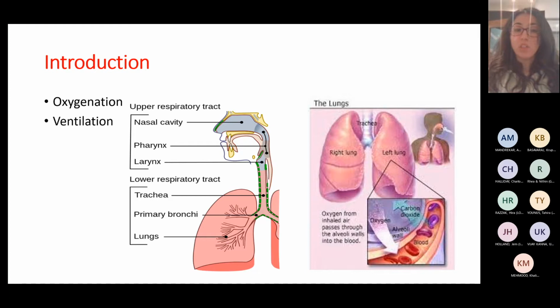The main function is to ensure oxygenation, which is bringing the oxygen to the cells and to the body. The second function is ventilation, which is getting rid of the CO2 that has been produced by the body cells. Once there is a compromise in either of those functions, either we're not able to get enough oxygen or get rid of CO2, then we have an issue and we need to deal with it.